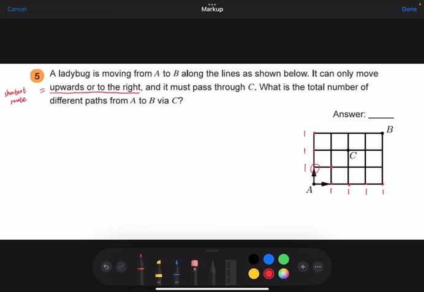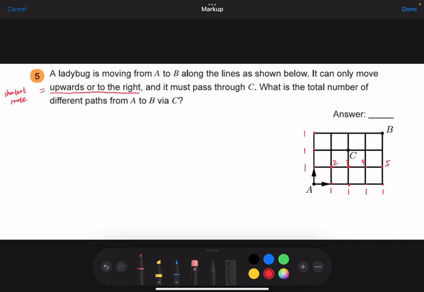So the two corners added up will give us the number at this point. Then we will have 2, and then this corner is these 2 points added together. So it's 3, and then 4, and then 5.